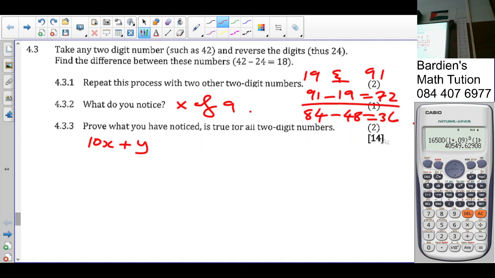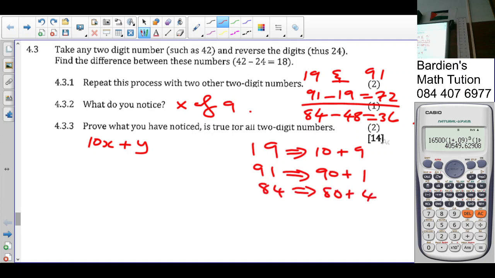Okay, you don't know where this is coming from. It's fine. If you look at 19, 19 can be broken up into 10 plus 9. 91 can be broken up into 90 plus 1. I think you did this in grade 3 or something. Not so? You think the teacher did that for nothing? You must decompose, and decomposition and break down and expansion were all for a reason.